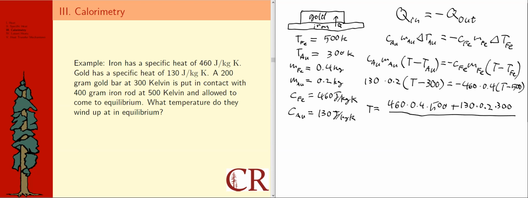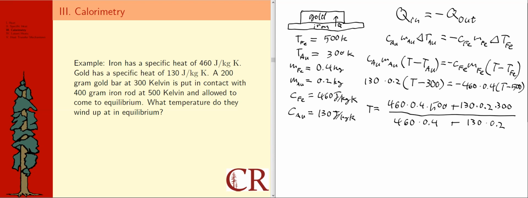And then the part that sums together with the isolated T, I'm going to divide by all of that, and that'll be 460 times 0.4 plus 130 times 0.2. That part came from right there, and was added to the other side when it was all divided off.